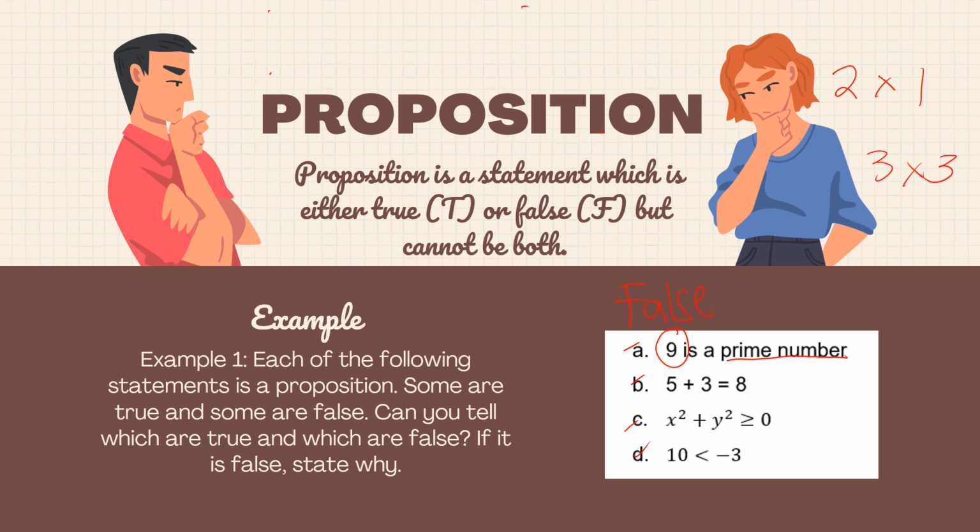Then letter B, 5 plus 3 equals 8. What do you think? Is this true or false? This is true. So you can see if you add 5 and 3, the answer is 8. That's why it's true. Next, we have x squared plus y squared is greater than or equal to 0.